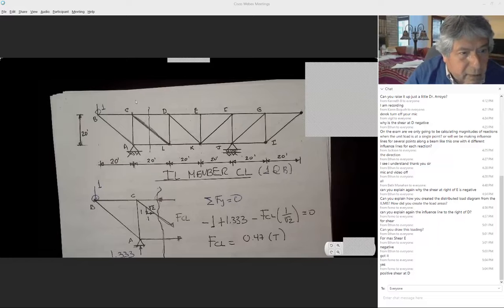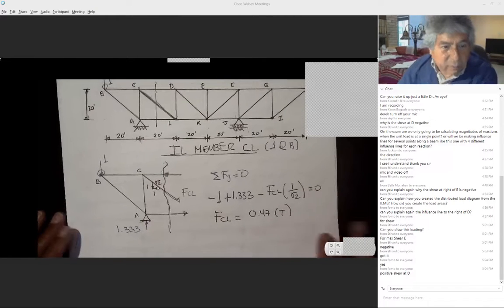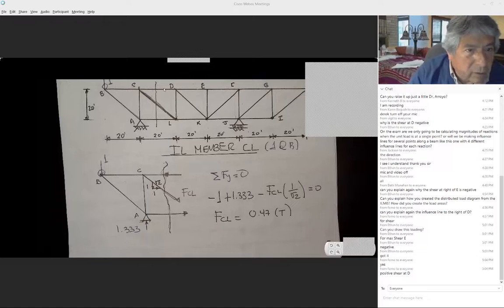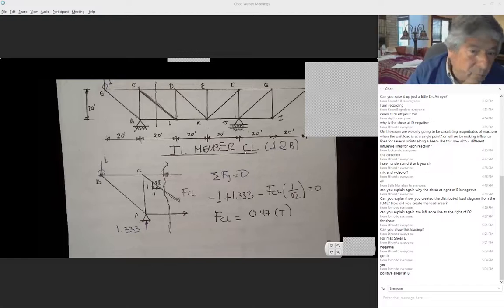See this free body in here? I'm taking it at this location. I have put, assuming the force on the top is compression, assuming this force in the member is tension, I'm going to use this free body for the entire problem to compute the force in member CL.